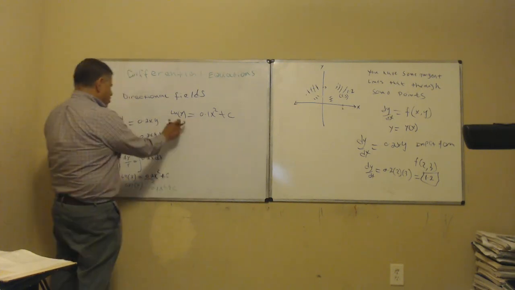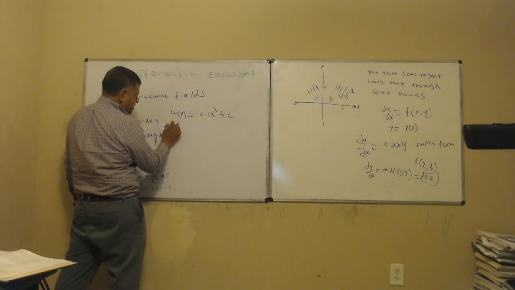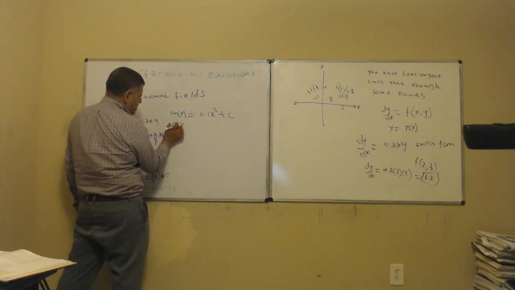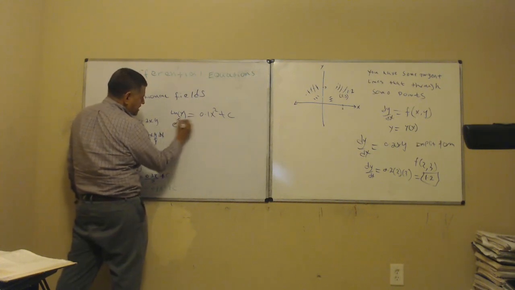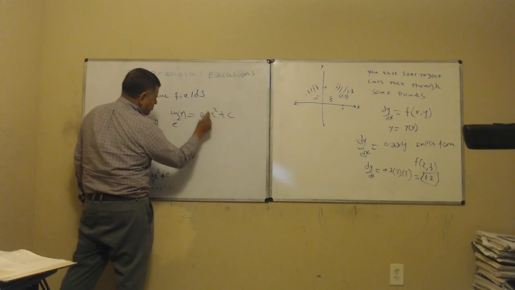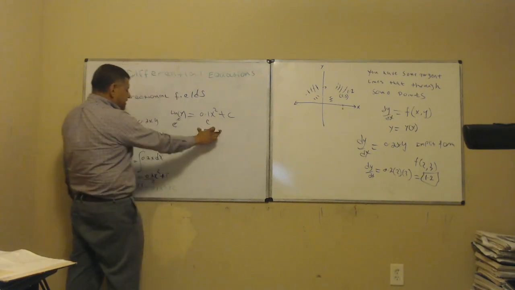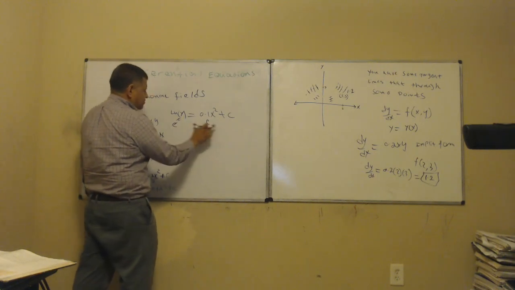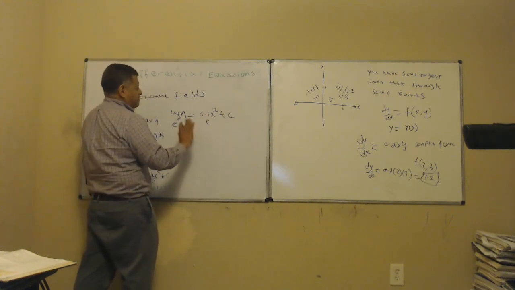To get rid of this, I put the exponential e, because this ln has a base e, so they cancel out. Of course, whatever I do on the left, I have to do on the right. Left and right the same, dealing with equations or basic mathematics.